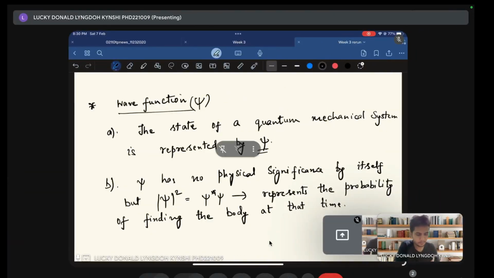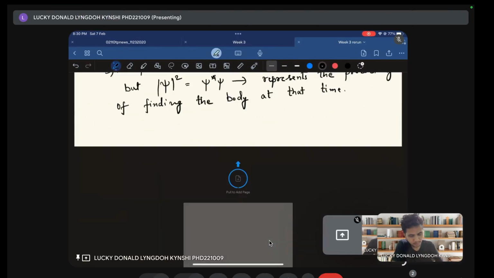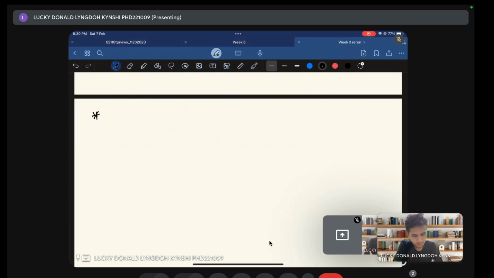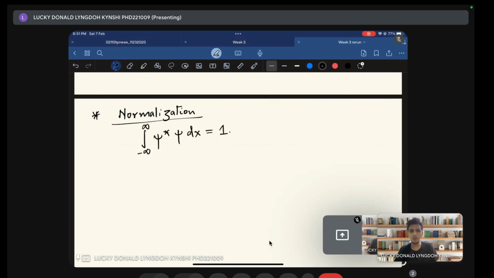Okay, fine. Now the next thing is normalization. Normalization is given by the integration of psi star psi dx, which should be equal to 1. That means the total integration of psi star psi should go to 1. This is the normalization condition. And third is probability.